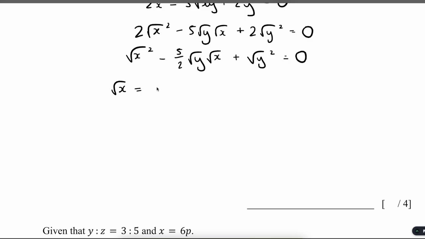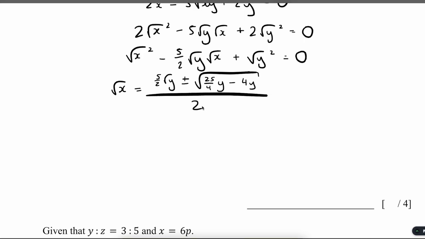Root x is equal to minus b, which is 5 over 2 root y, plus or minus the square root of b squared, which is 25 over 4 y, minus 4ac, which is 4y, all over 2 lots of a, which is 1. So we get 5 over 4 root y plus or minus, and then this here, I'm going to take out the root y, so we get root of 25 over 4 minus 4, over 2 root y.